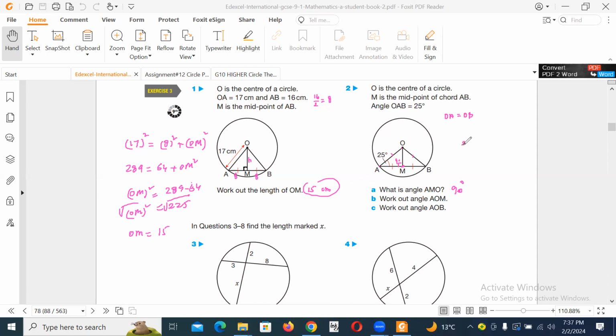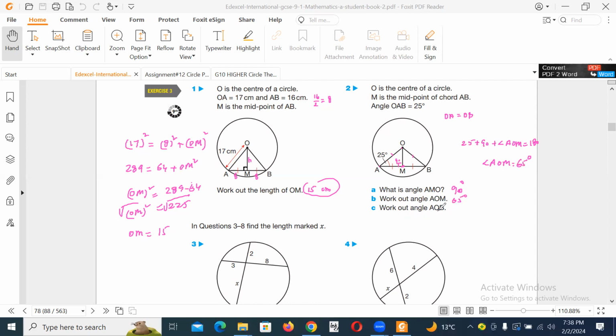Means 25 plus 90 plus angle AOM equals 180. So angle AOM equals 180 minus 90 minus 25. I'm getting 65. So here your answer is 65.